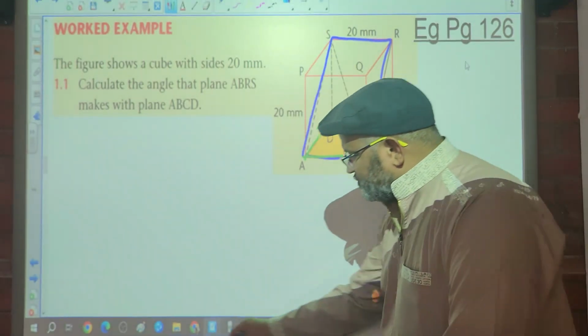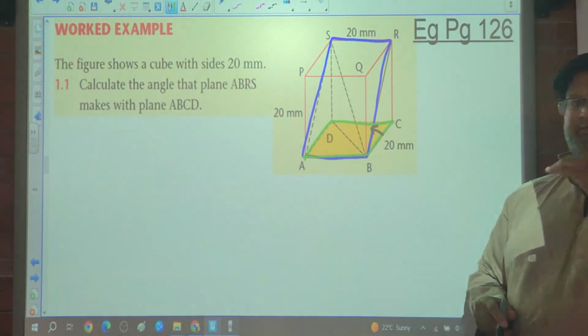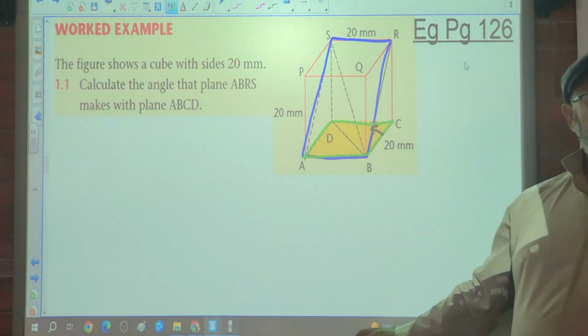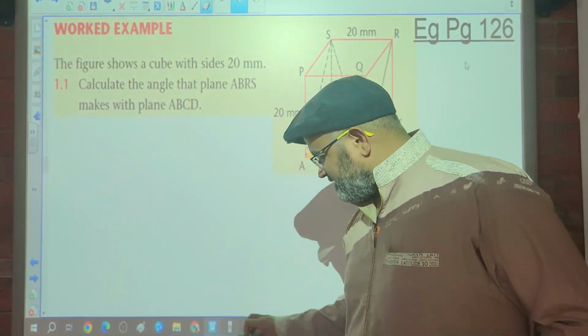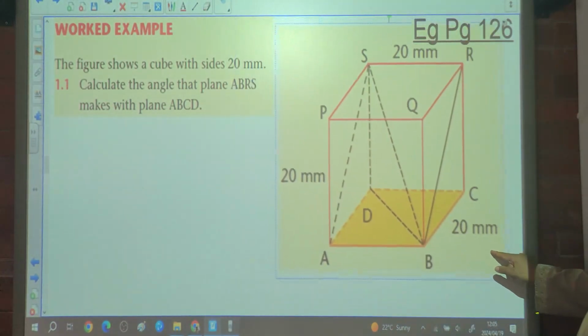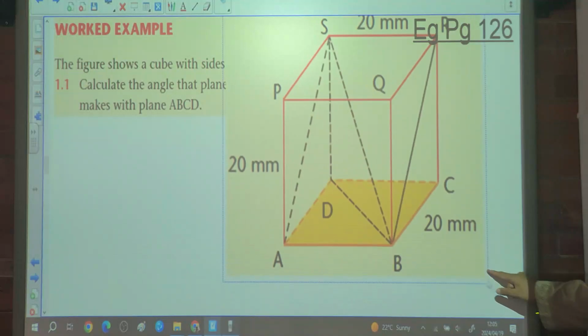So the angle in question is this angle here. Did you see that, people? You don't see it? What's wrong with you?